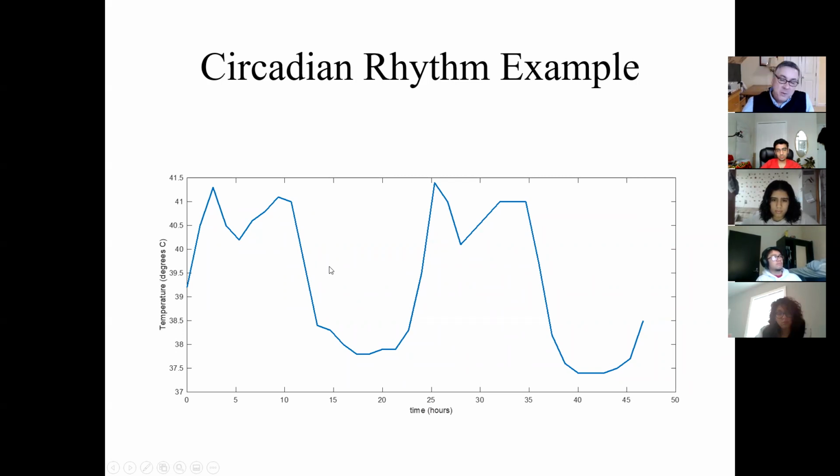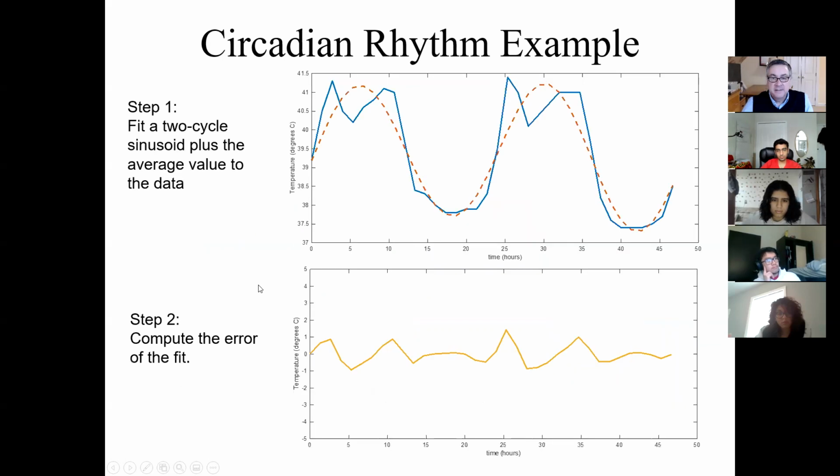And so a way we could study this signal is to fit some sinusoids to it. The first thing they do in the Bruce book is take the original data in blue and take the average value of it, which would be the zero frequency or DC term.